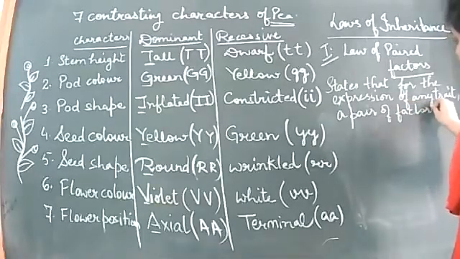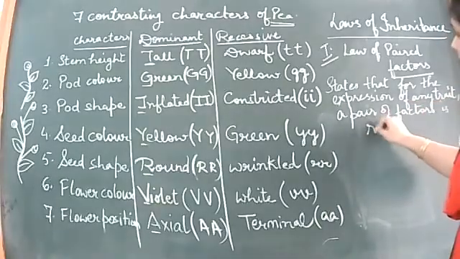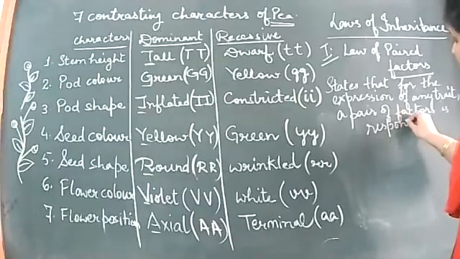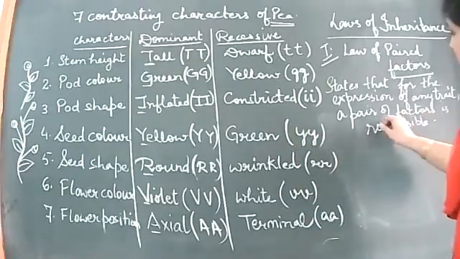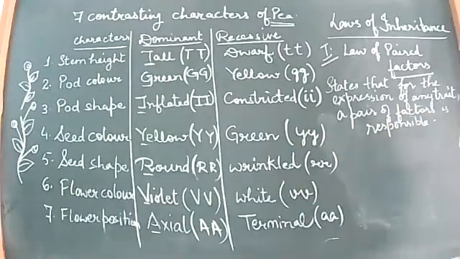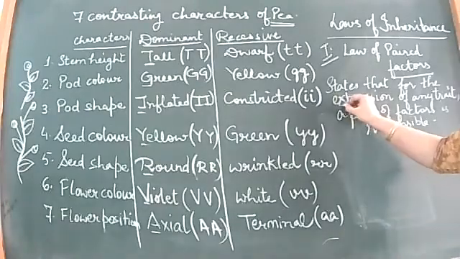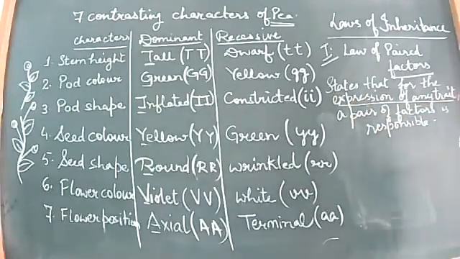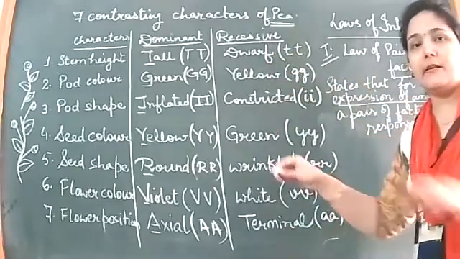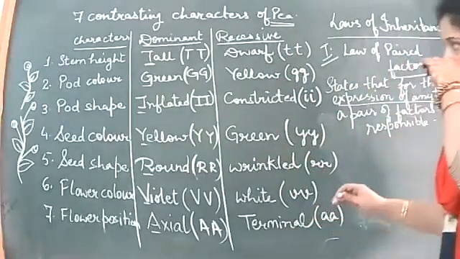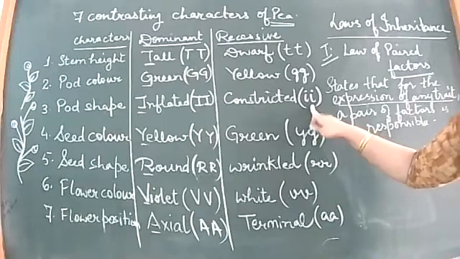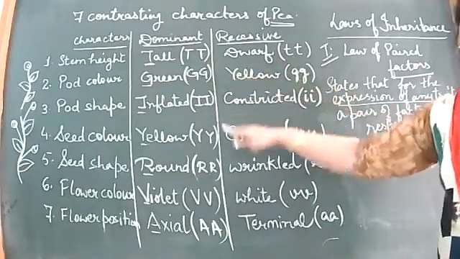For example, what we have written here, what are these? These are the paired factors, right? We have used here the pair of factors, which describes the characters also. For the expression of any trait out of these you can see, the expression is given by a pair of factors.